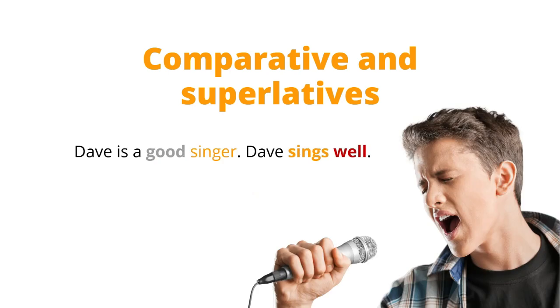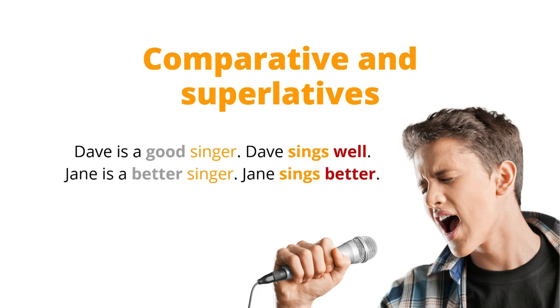Dave is a good singer. Dave sings well. So as we've seen, well is the adverb form and good is the adjective form. Now when we make comparatives and superlatives, it gets a bit more simple. Jane is a better singer. Jane sings better.